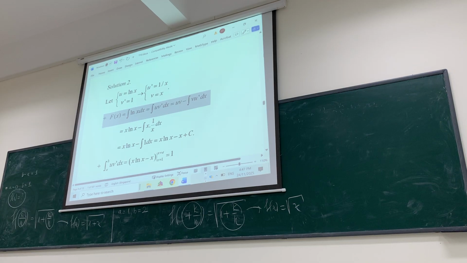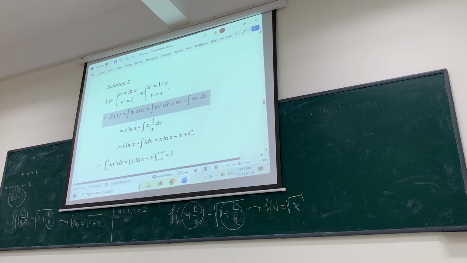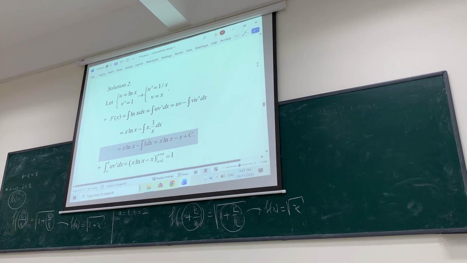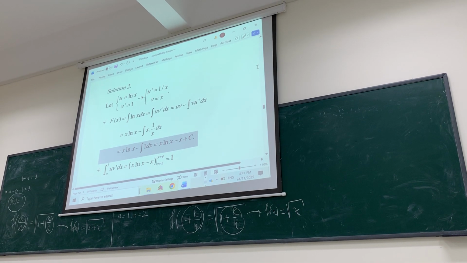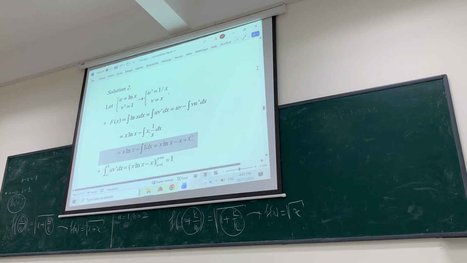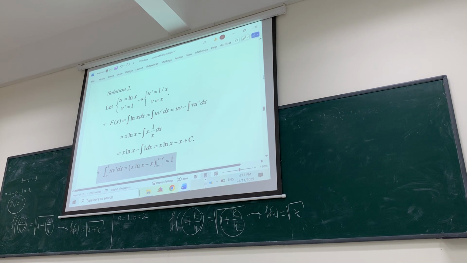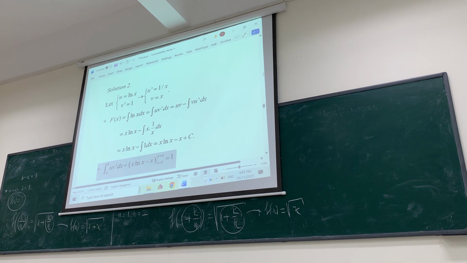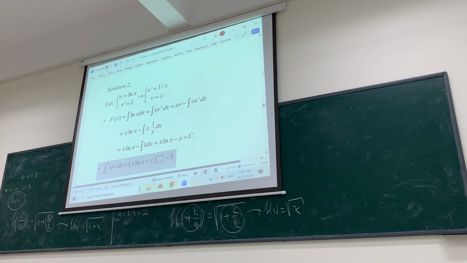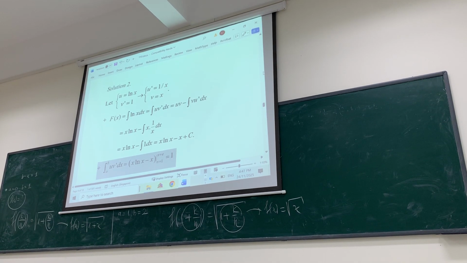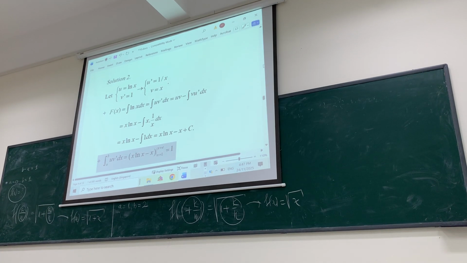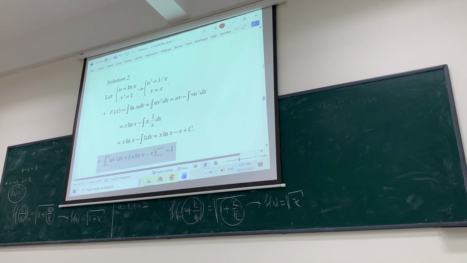The antiderivative of natural log x is x natural log x minus x plus c. To continue, we use the Newton-Leibniz formula. Here we use the antiderivative to find the definite integral. Then the result is equal to 1.